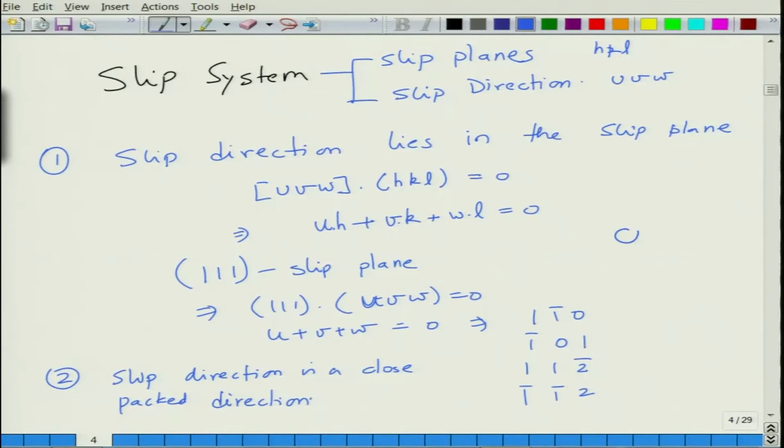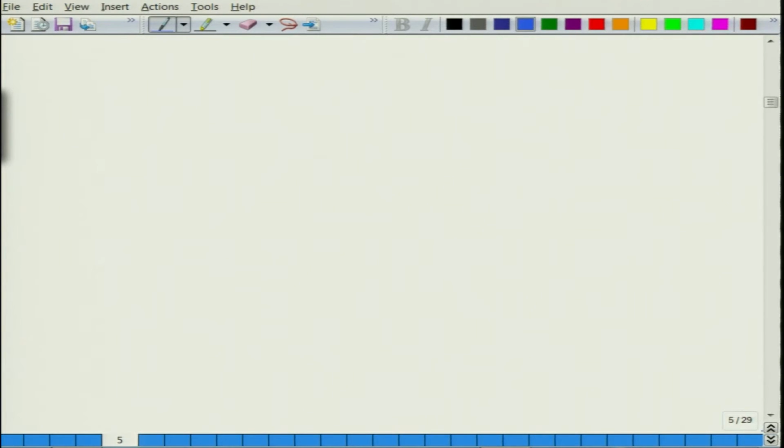You may have a direction in which atoms are touching each other, and you may have a direction along which atoms are not touching each other. The latter is not the slip direction; the slip direction is the closed packed direction. So, the slip direction is a closed packed direction.